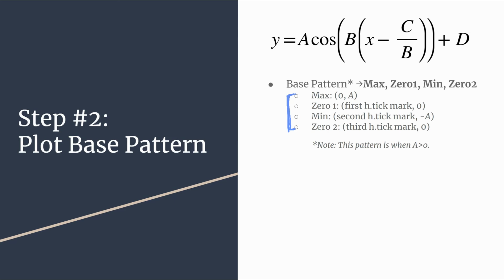Because when a is negative, you have a vertical reflection or a flip over the x-axis. So that's just something important to note. And there's a quick reminder of what I just said. So it just basically swaps the minimum and the maximum in terms of what you would label them. That'll be pretty obvious when you see the graph.